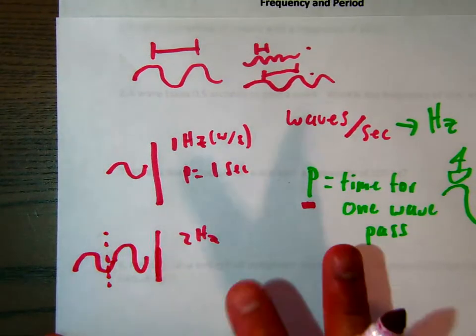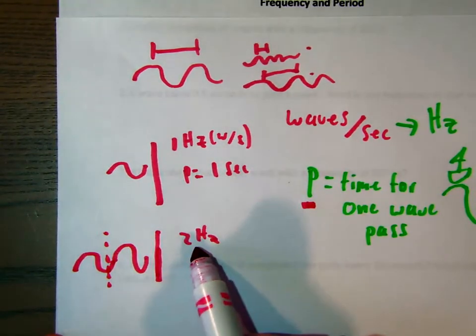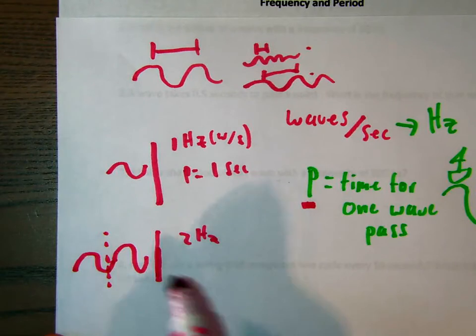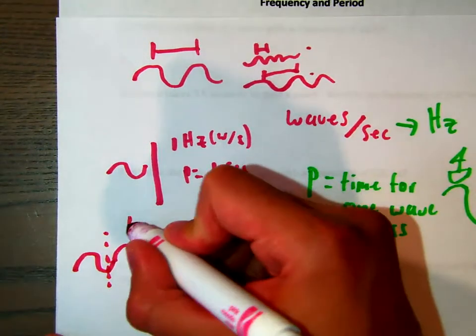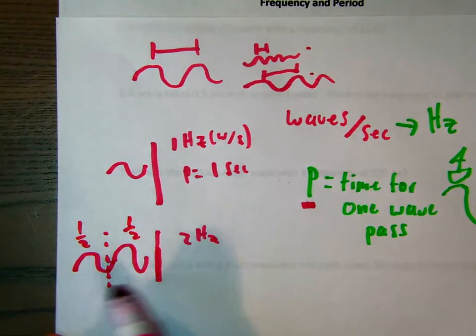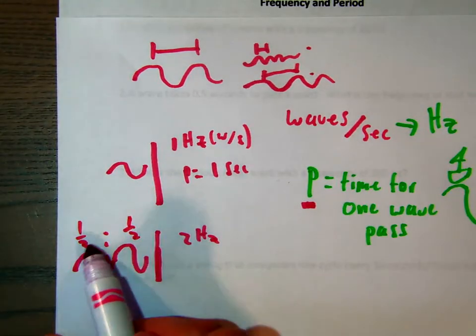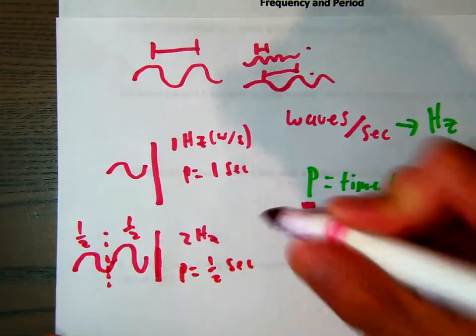Well, if I get 2 waves in 1 second, and both of these pass in 1 second, then each of them must have passed in half a second, because both of them must equal 1 second. So my period equals half a second.